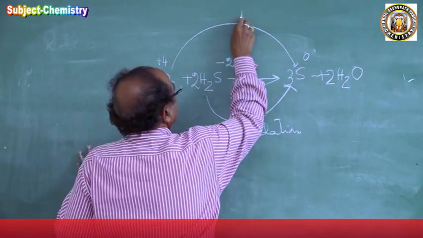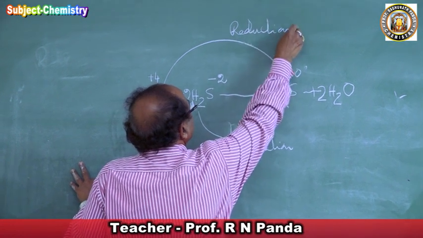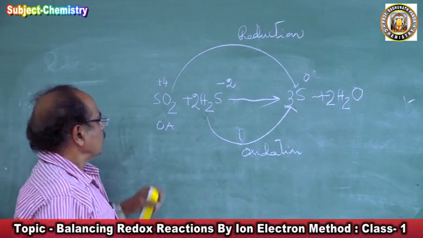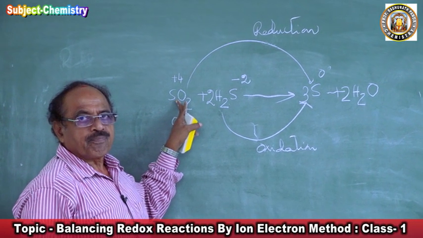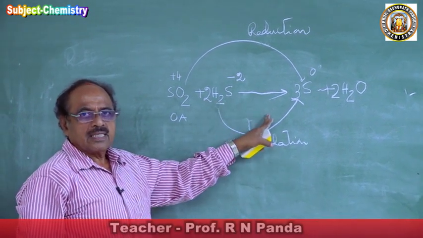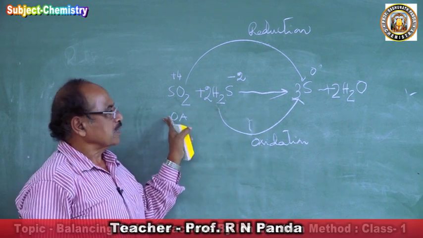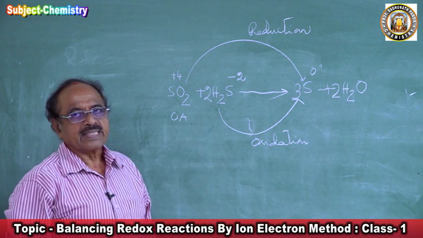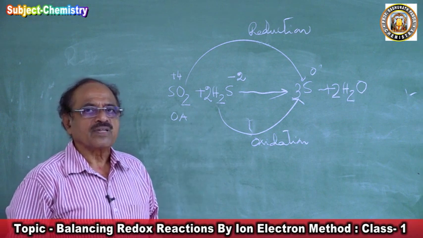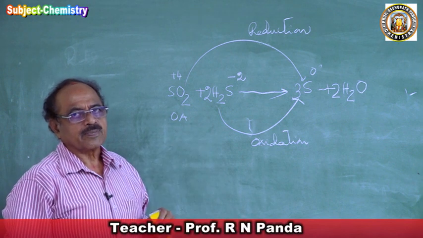So this is a decrease of oxidation number, so this reaction is a reduction reaction. So sulfur dioxide is oxidizing H2S to sulfur and gets reduced to sulfur. So oxidation and reduction are taking place. This is an example of a redox reaction. During oxidation, reduction also takes place.